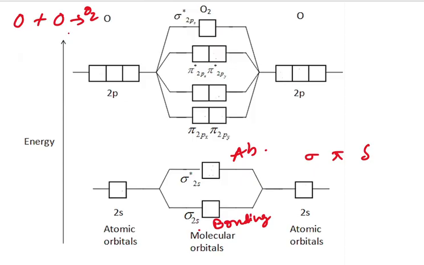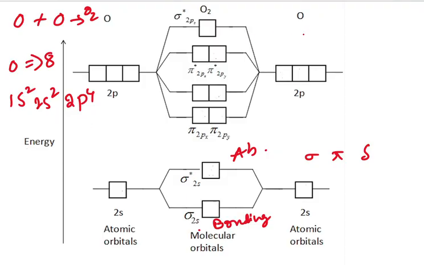When two oxygen atoms combine to form the O2 molecule, their respective atomic orbitals overlap. What are the atomic orbitals of oxygen atoms? Each oxygen atom contains 1s2, 2s2, and 2p4. Since the atomic number of oxygen is 8, there are 8 electrons present.